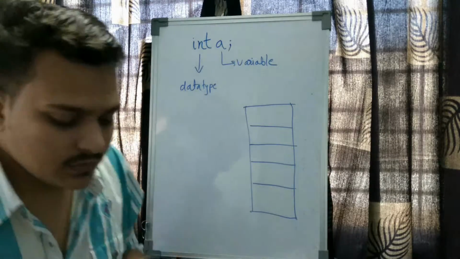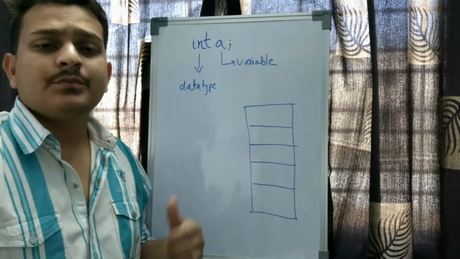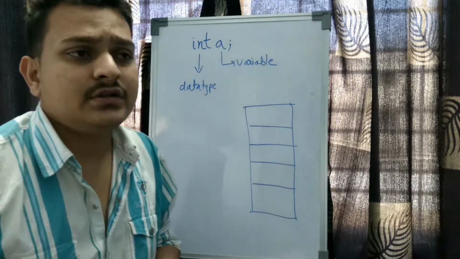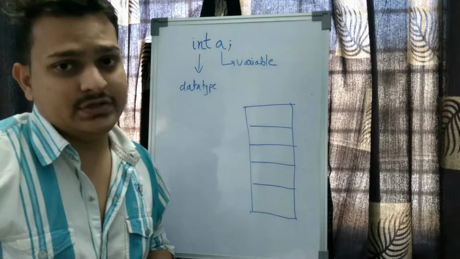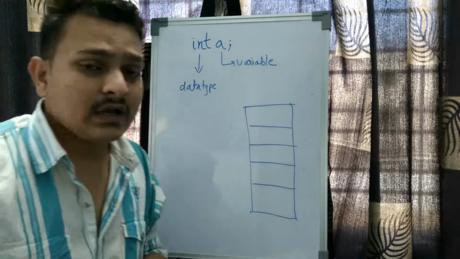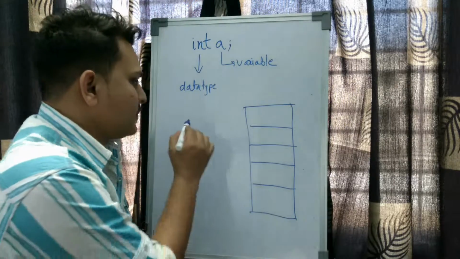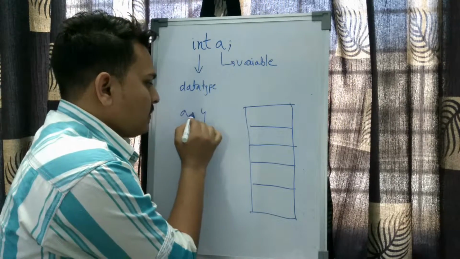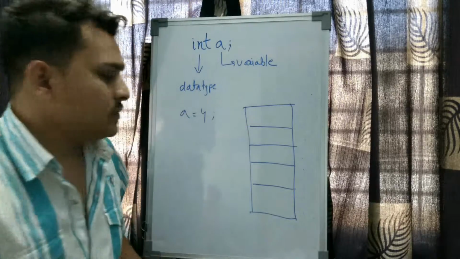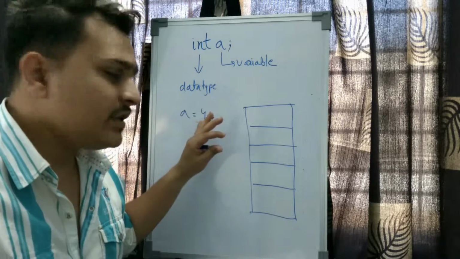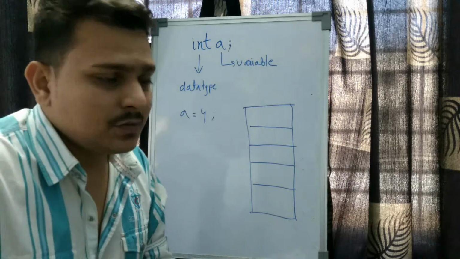It's the same concept that the computer does with memory locations, and the variable helps it. Suppose I want to put in a number, 4. So I'm assigning the value 4 to the variable a. At that time, what does the computer do?